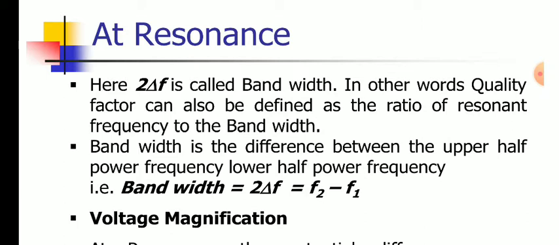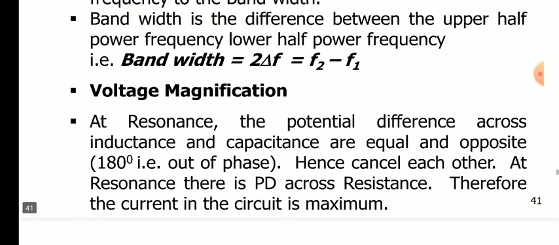In other words, quality factor can also be defined as the ratio of resonant frequency to the bandwidth. Bandwidth is the difference between the upper half power frequency and the lower half power frequency. Therefore bandwidth is equal to 2 times delta F, that is equal to F2 minus F1.